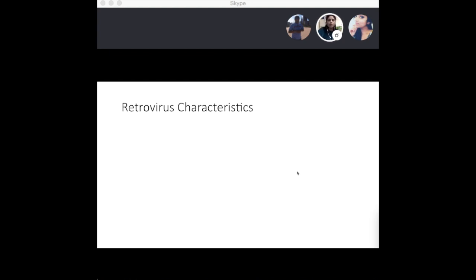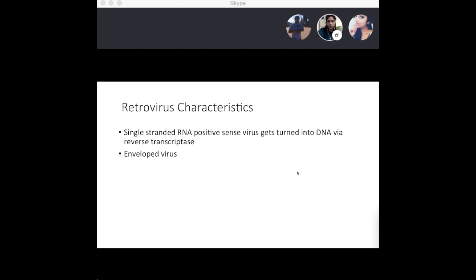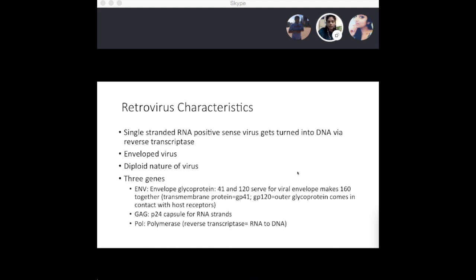Okay, so in general, HIV is a retrovirus, and so here are characteristics of the retrovirus. It's a single-stranded, positive-sense RNA virus that gets turned into DNA via reverse transcriptase. It is an enveloped virus, it is diploid in nature, and it contains 3 genes.